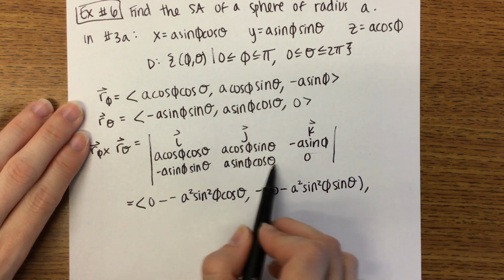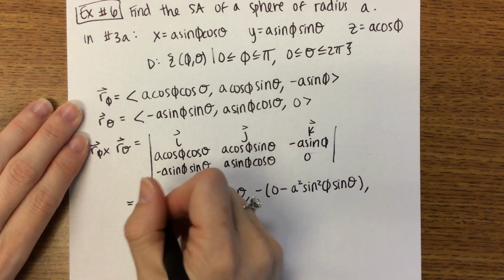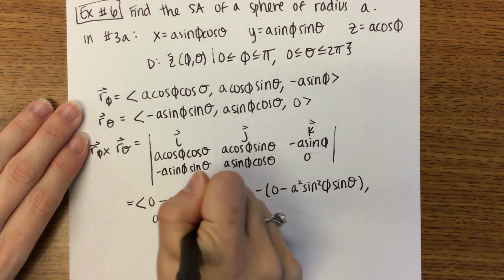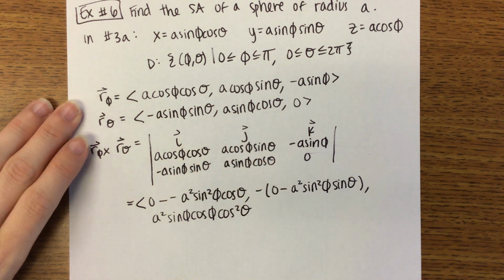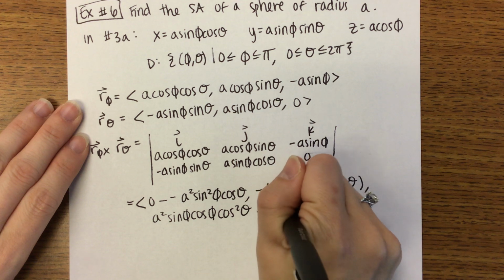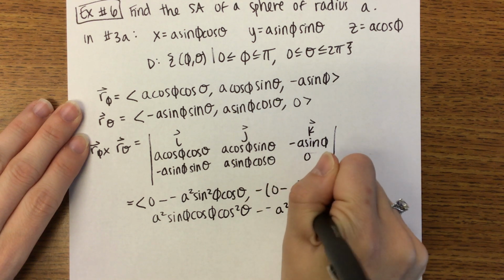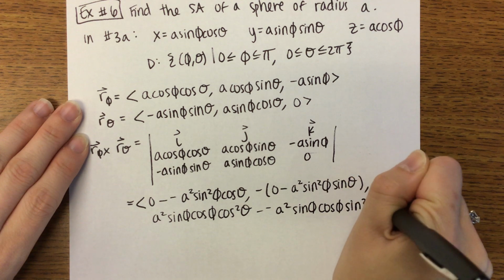And then this way, I'll get a squared sine of phi cosine of phi cosine squared of theta minus a negative a squared sine of phi cosine of phi sine squared of theta.